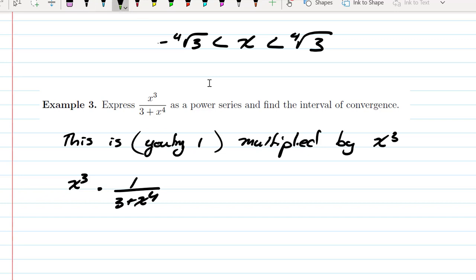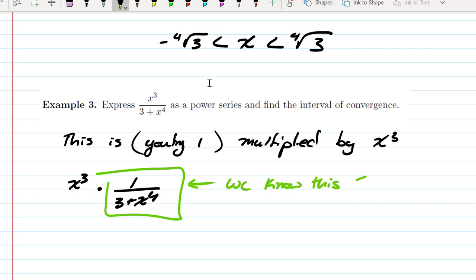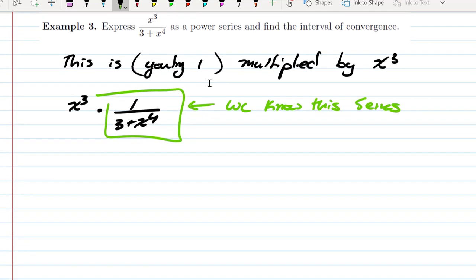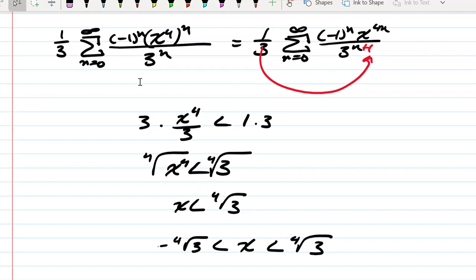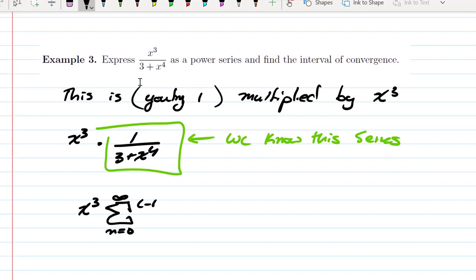Well, we know this series. So then we'll replace it with what we know from the previous one, which was the sum as n goes from 0 to infinity of negative 1 to the n, x to the 4n, all over 3 to the n plus 1.